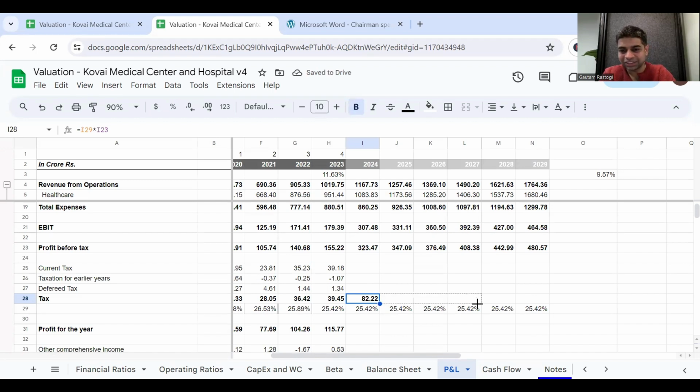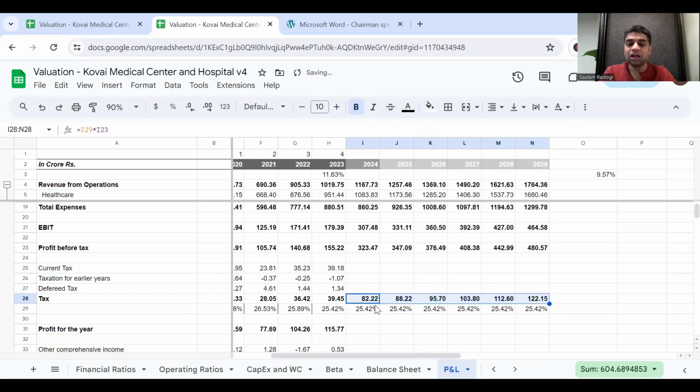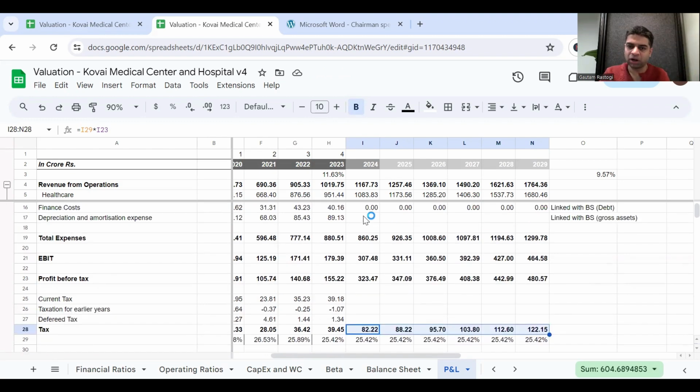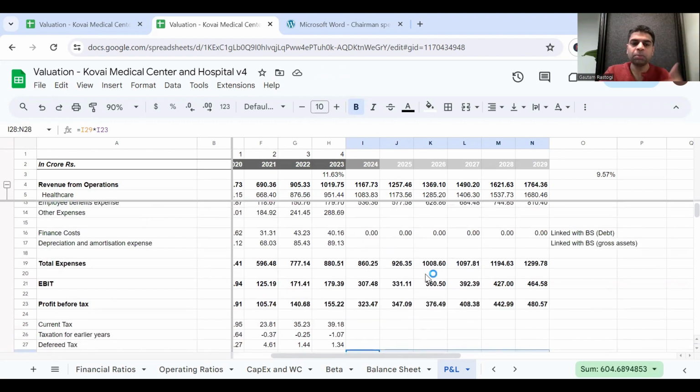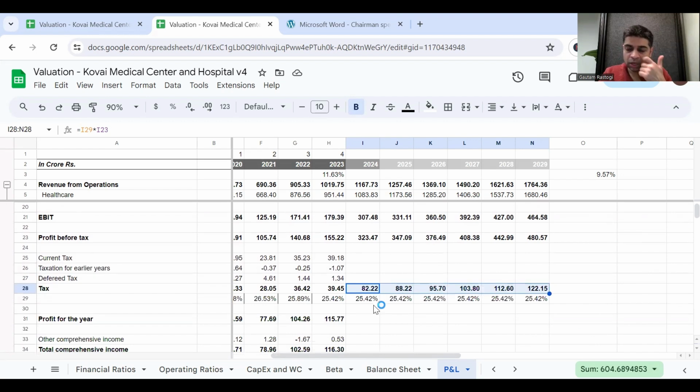Again, this is an inflated number because the profit before tax would go down once we model these two items here. So profit before tax will go down and then your tax would go down as well. Right now I'm just doing it so that the sheet flows through once we're done projecting the items in the other financial statements.